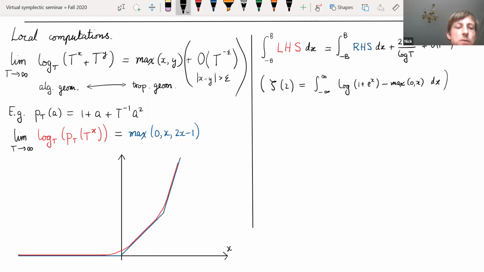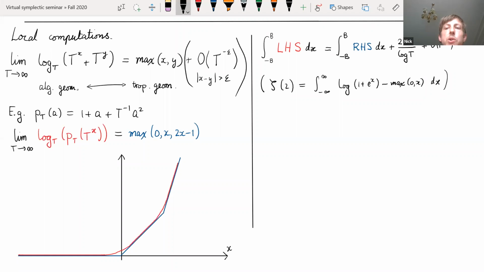So here's a picture of the graph of the log of the polynomial and the piecewise linear thing. So we're going to try to use this to compute integrals. As a first step, we try to compute the area under these graphs. So the integral of the left-hand side is approximately equal to the right-hand side.